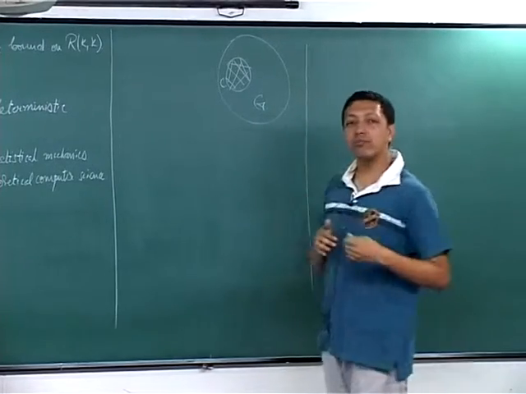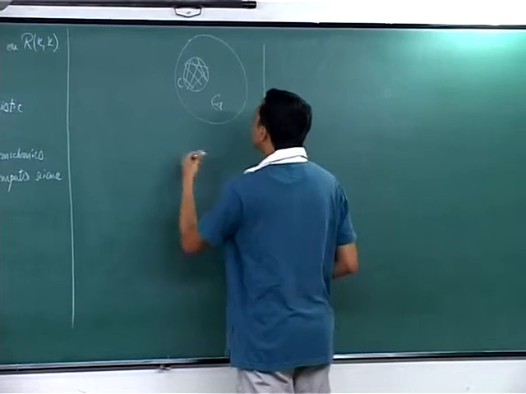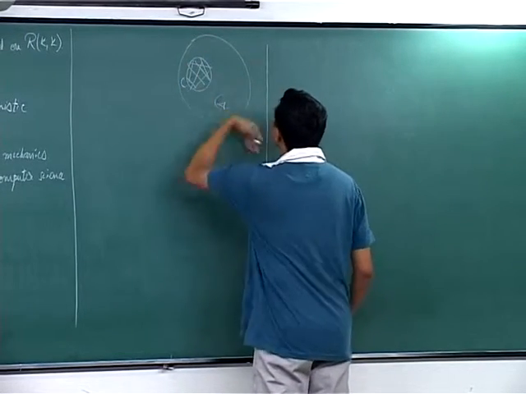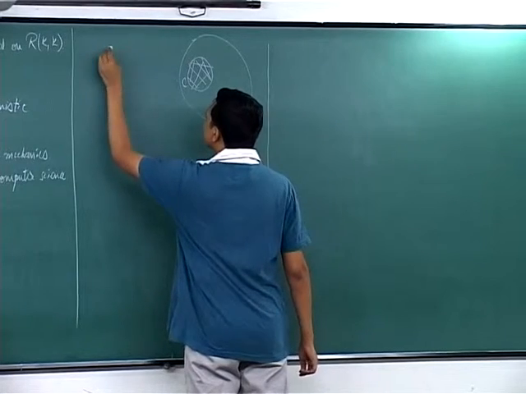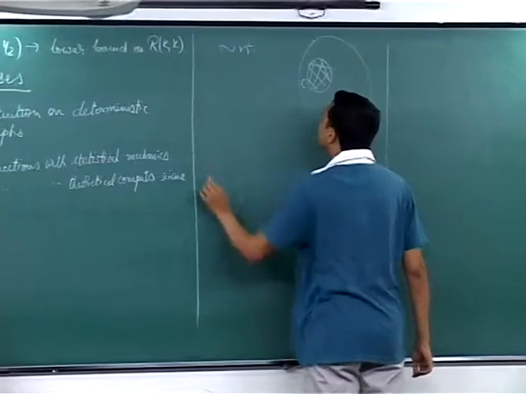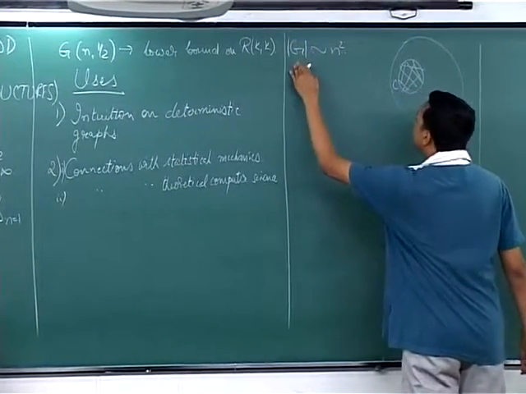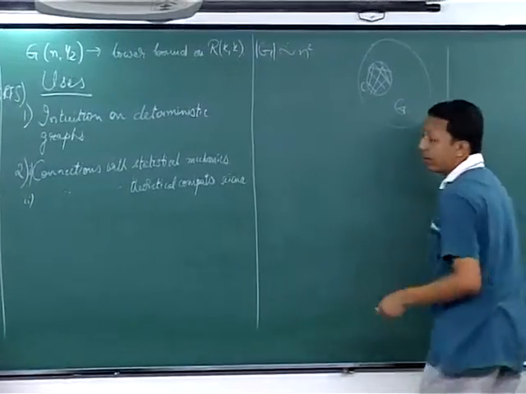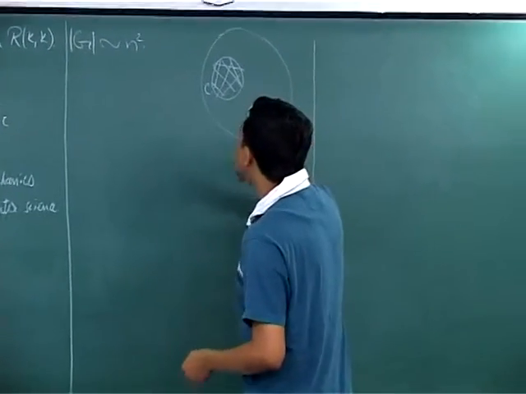Now, of course, this algorithm will take time which is proportional to the size of the graph. So if the graph is given in terms of its edges, then the input size is order of n square, right? The size of the graph is the number of its edges, which is something like n square, because it's n choose 2 at maximum.